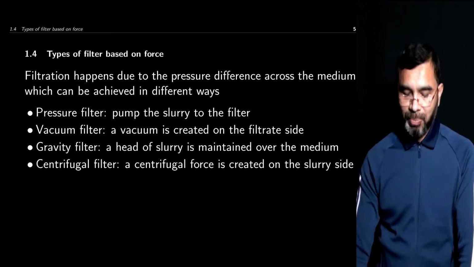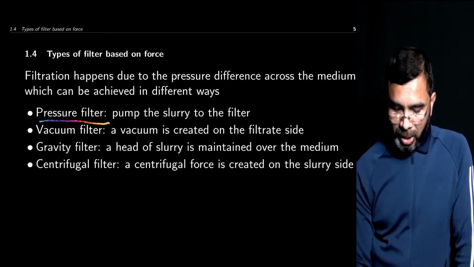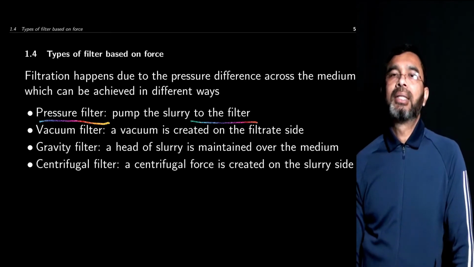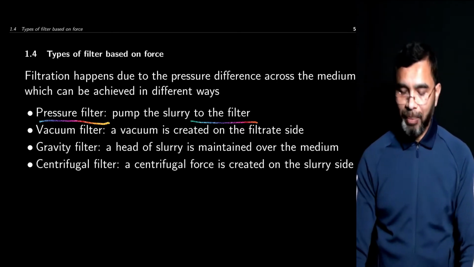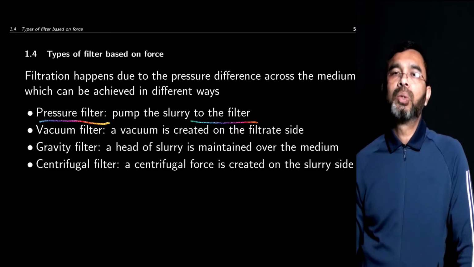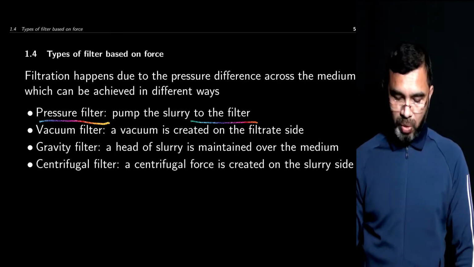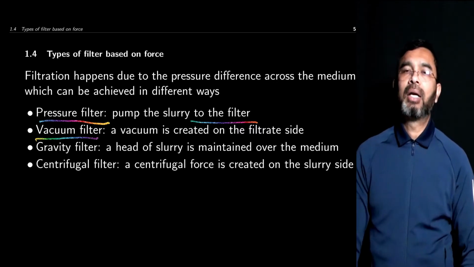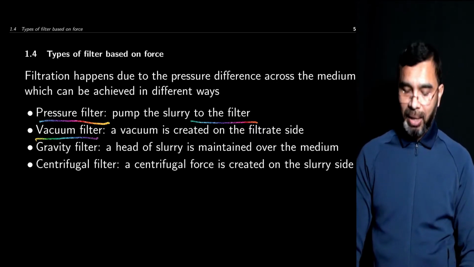So you can have pressure filtration where you pump the slurry to the filter, and the other side is at a different pressure, which leads to flow of the liquid through the medium, and the solid cannot go through the medium. That's why it's trapped on the surface. Similarly, we can create a vacuum on one side, which creates a pressure difference, and you get the flow of fluid.